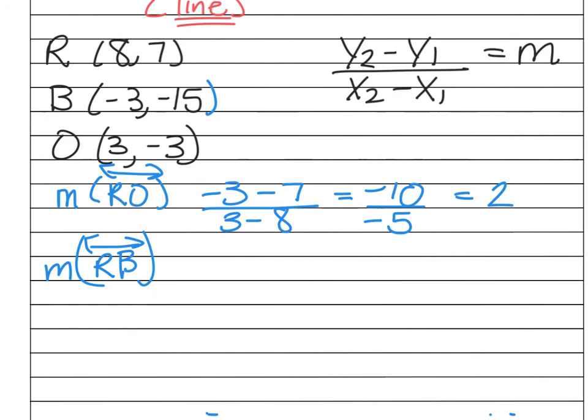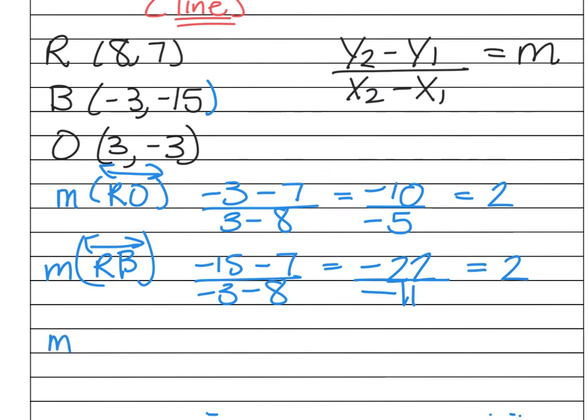So I plug those in, negative 15 minus 7 over negative 3 minus 8. I end up getting negative 15 minus 7 is negative 22. And negative 3 minus 8, I get negative 11. So when I divide those, I end up getting 2.